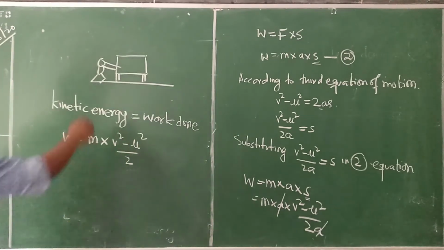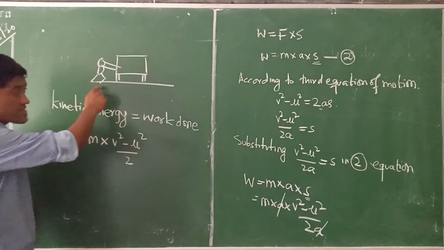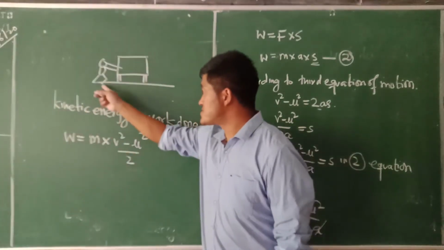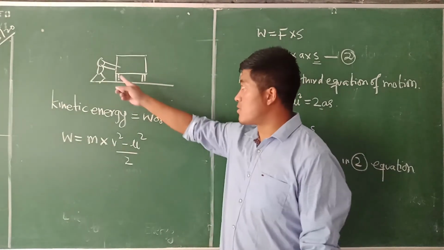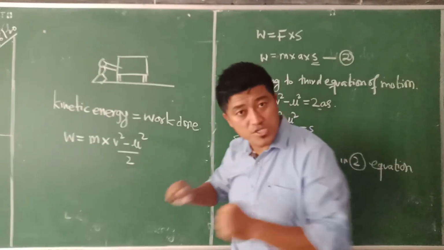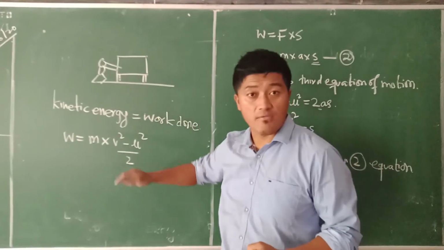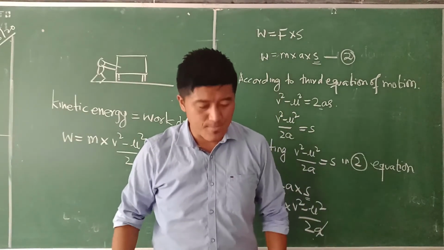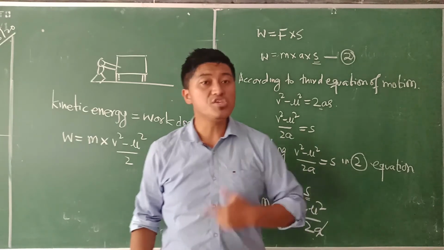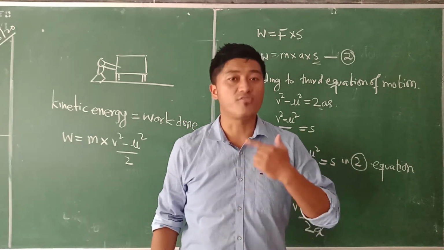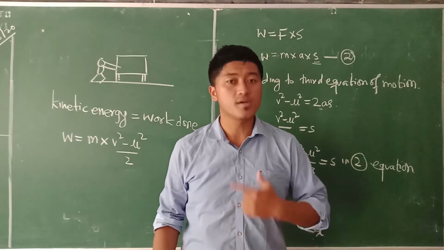Now looking at this particular example, this person is pushing this particular table. We knew that before he starts pushing it, or for example, before I start walking, my initial velocity, that is my value of U, is 0 because I am at rest.